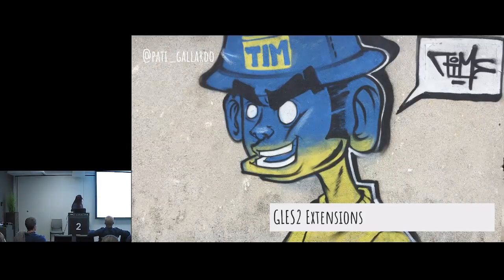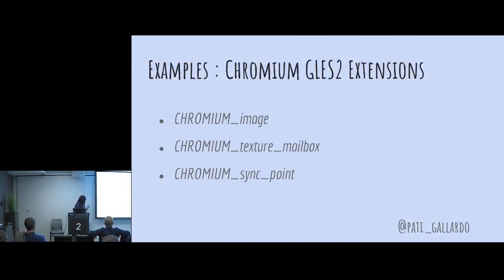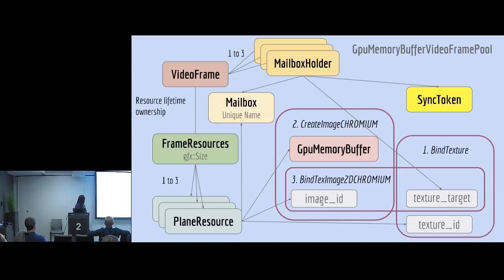But the thing is, this is not really done with out-of-the-box OpenGL ES2. Of course, they added extensions to do their special things, and they actually have a bunch. These are only 3, which are used in this example. So they make their own OpenGL ES2 extensions to be able to handle this, and even more boxes.